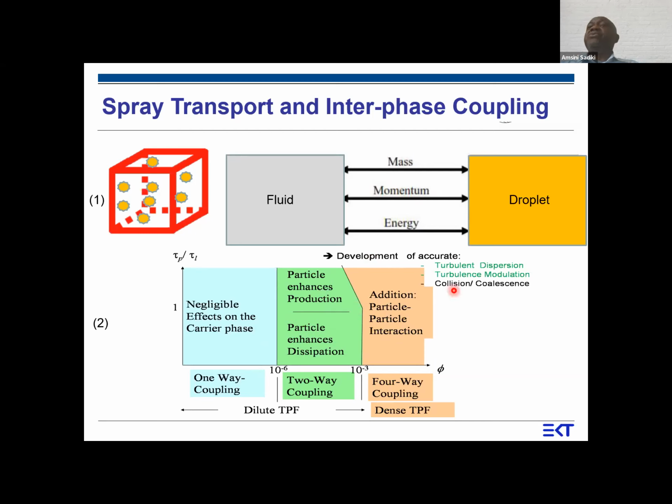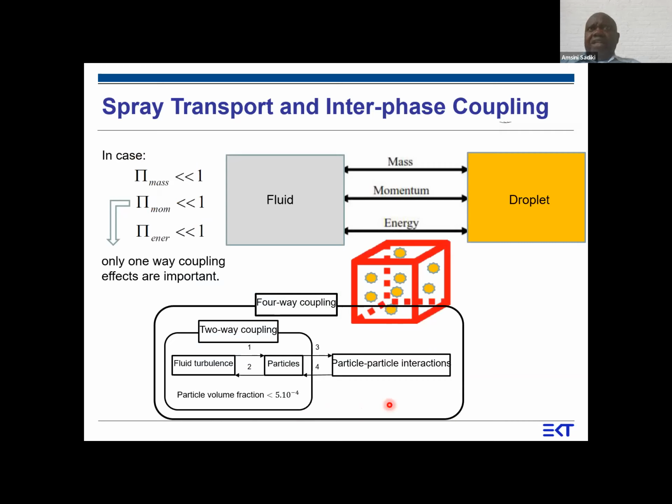And for that, we need different models. For example, a dispersion model in this one-way coupling, modulation modeling in this part, and also collision and coalescence when we have four-way coupling, in these two ranges as we defined them yesterday. We saw that if these parameters are very small, then we have one-way coupling.